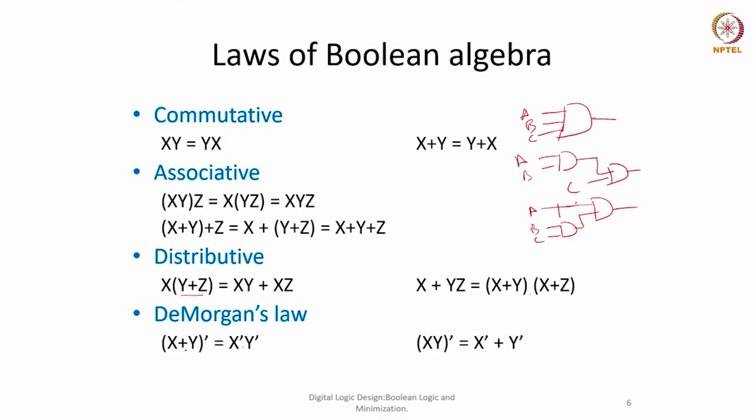So we'll take a couple of examples. If not today, we'll take them tomorrow. We'll see how this duality principle can help us in minimization or in looking at things in a different way.